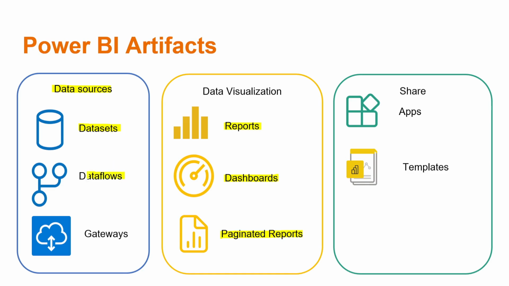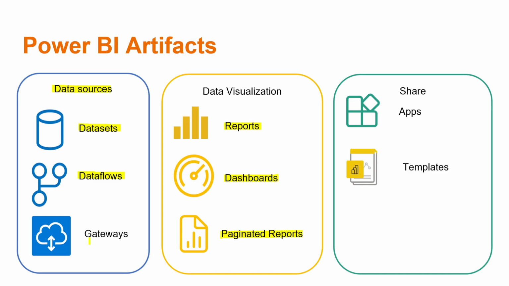In the case of dataflows, the similar kind of transformations which you are doing in Power BI Desktop using Power Query, those transformations you will be doing in the cloud. All the transformations we store in the form of a file. That is what dataflows are.